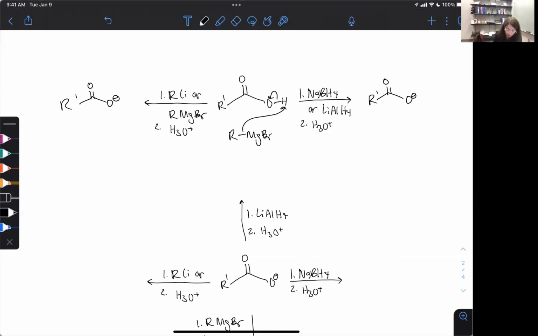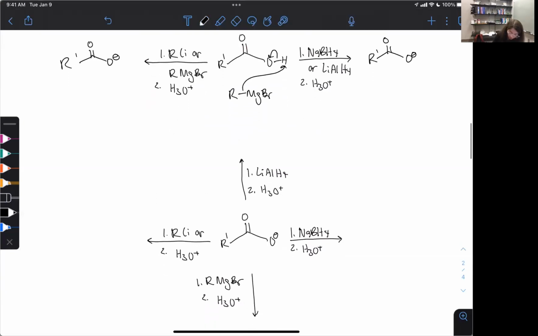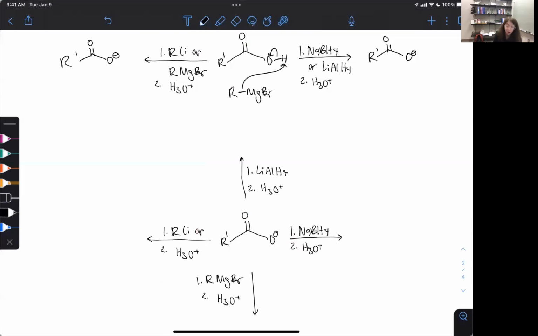So the differences come in when we start talking about what happens to the carboxylate anion afterwards. So if you've got a carboxylic acid, this is where you're going first, no matter what. Then can we do anything with this one? Okay. So in the case of sodium borohydride and the Grignard, the answer is no. We don't have anything, no reaction.